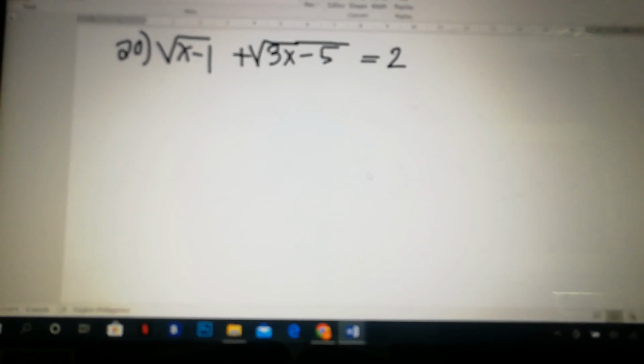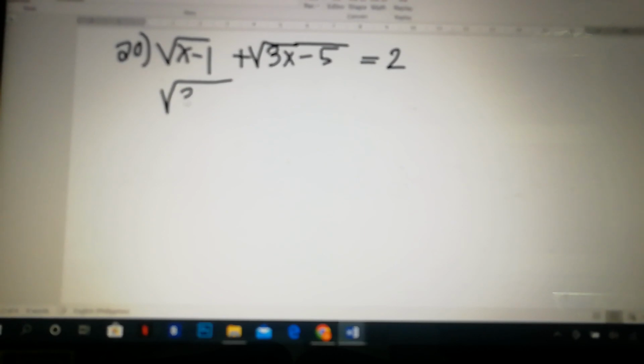Okay, so we transpose one radical to the right side, the square root of x minus 1. So retain square root of 3x minus 5, that is equal to 2 minus square root of x minus 1.